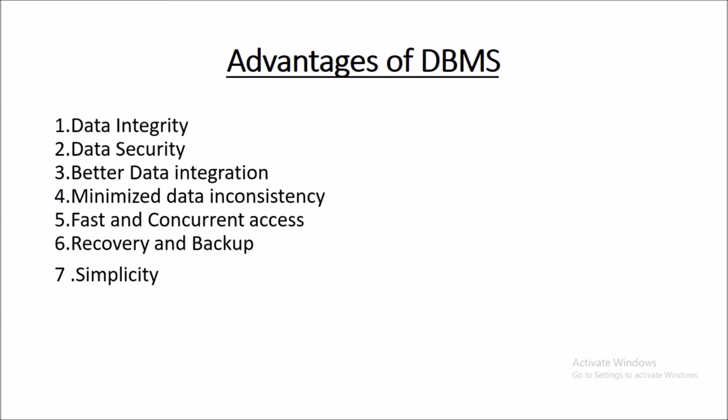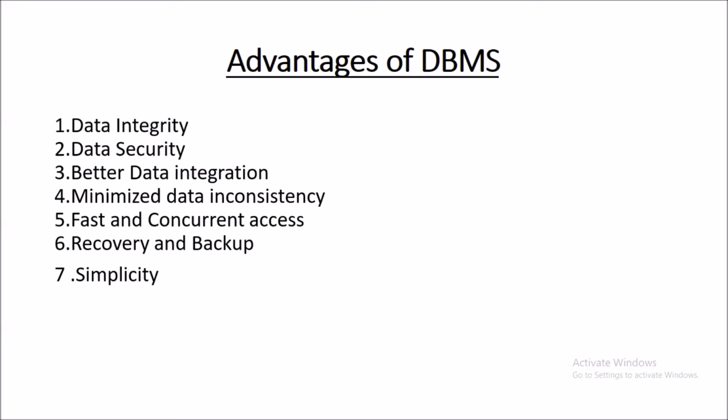Next is data security. As I explained earlier, the file system provides less security. Here, DBMS allows only authorized users to access the database, and their identity must be authenticated using username and password. Unauthorized users shouldn't be allowed to access the database.